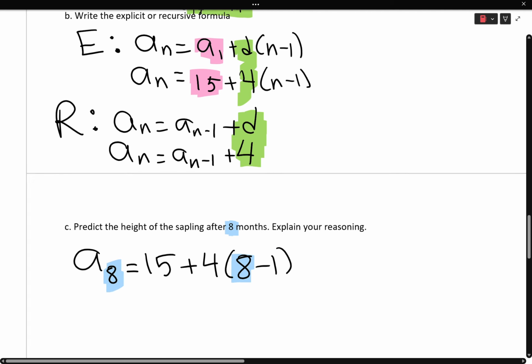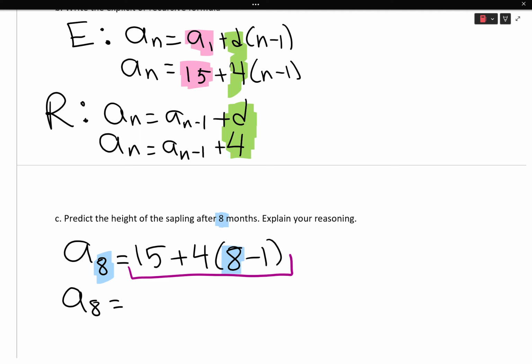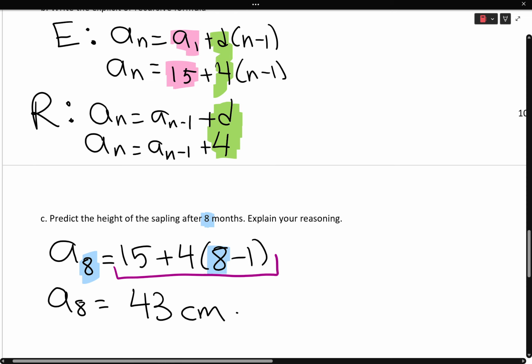Again, I prefer the explicit. I think it's faster. I put that first part into my calculator, and I got that after 8 months, my tree sapling is going to be 43 centimeters tall.